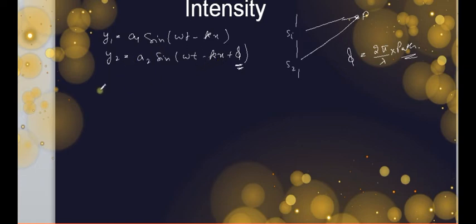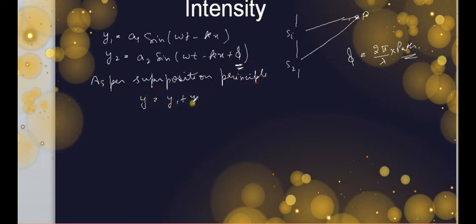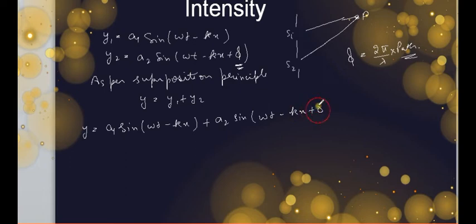Now see, according to the superposition principle, y is equal to y1 plus y2. So y1 is given by a1 sine omega t minus kx plus a2 sine omega t minus kx plus phi.